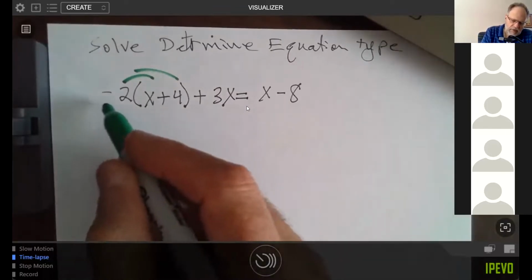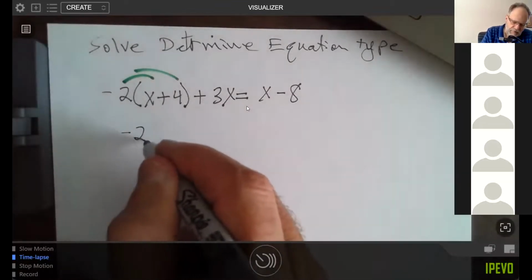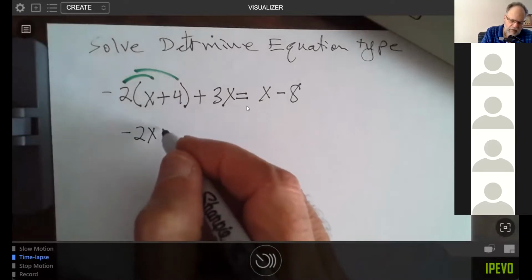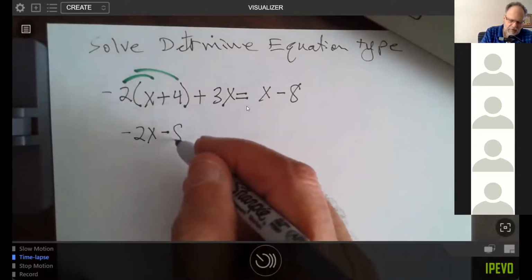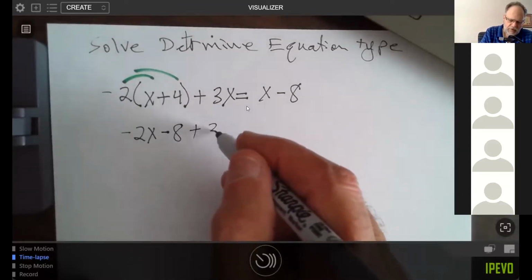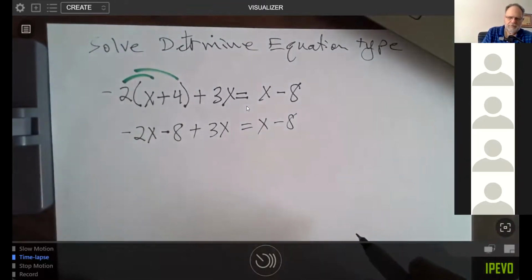So that'll be -2 times x, that'll be -2x. And then what's -2 times 4? That'll be -8. Good. Plus 3x equals 2x minus 8.